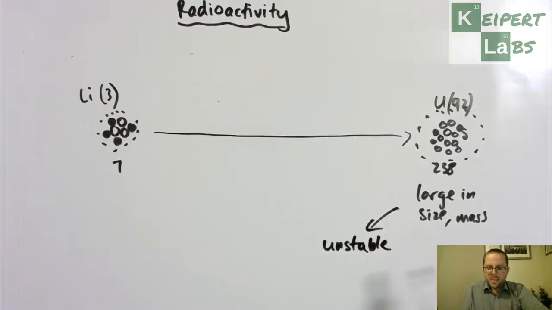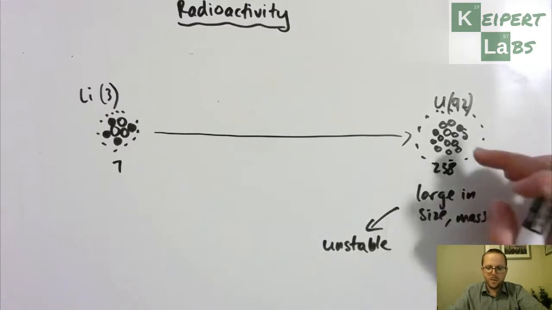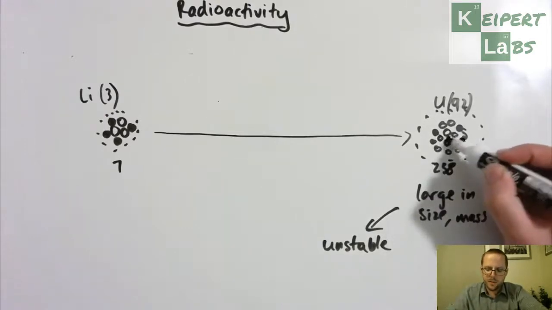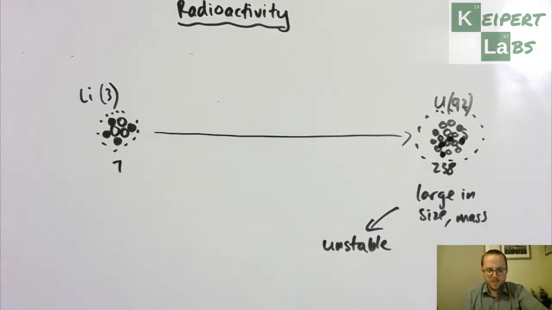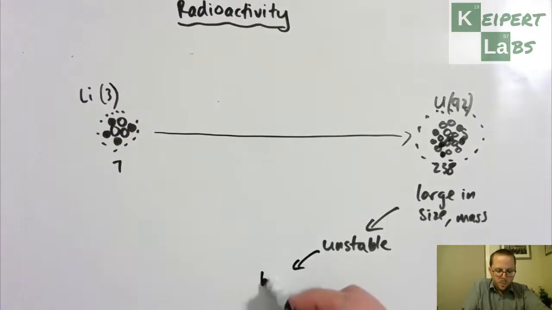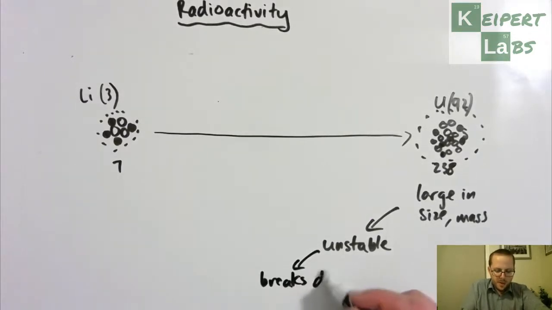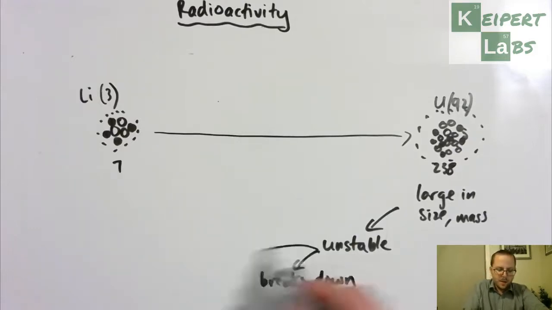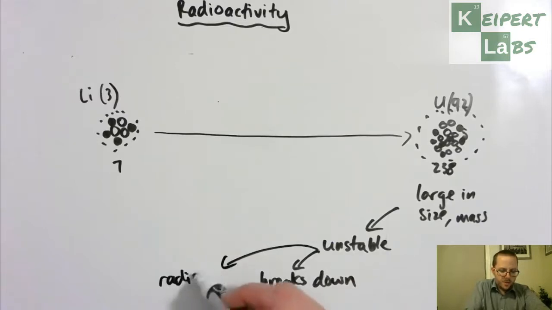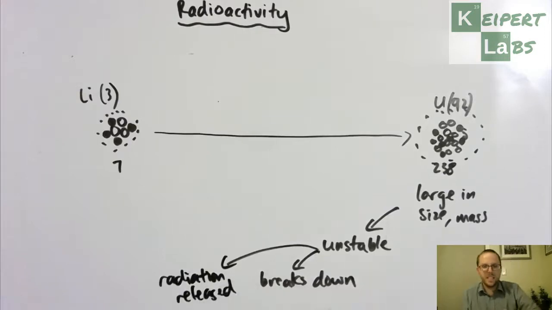This is not a stable way for that atom to be, to connect all of those protons and neutrons together in this very large uranium atom. So to try and become more stable, it breaks down. And in breaking down, radiation is released as a result of this breaking down process.